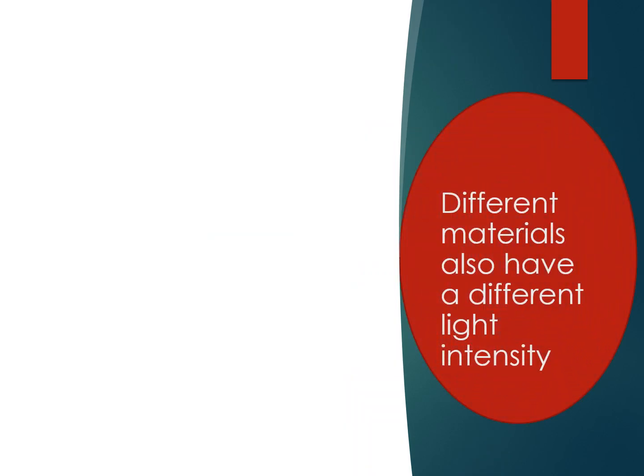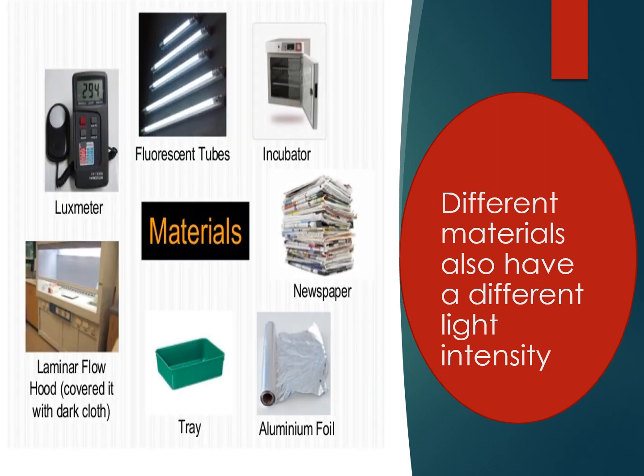Different materials also have different light intensity. You have at your home different types of materials. Each material has different light intensity. As you can see in this picture, the fluorescent tubes are light sources.